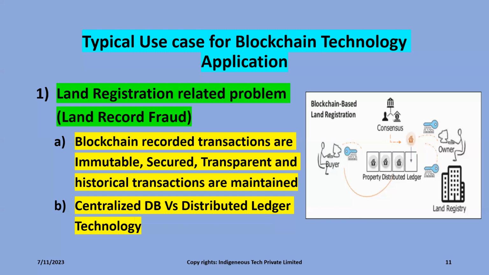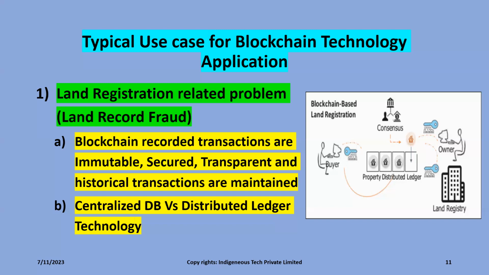So a typical case could be, if the owner finds the land is occupied, he goes and gets what we call a land encumbrance certificate. Unfortunately, the certificate will be issued based on the land record maintained in the computer database. Now the database is already manipulated. Then what happens? The land record fraud happens.